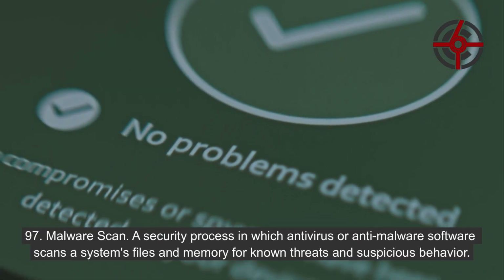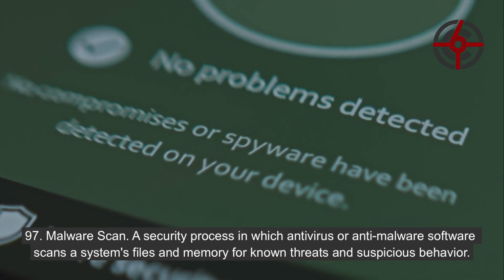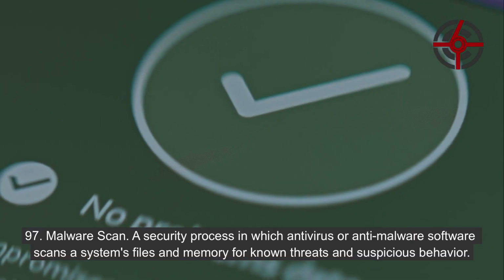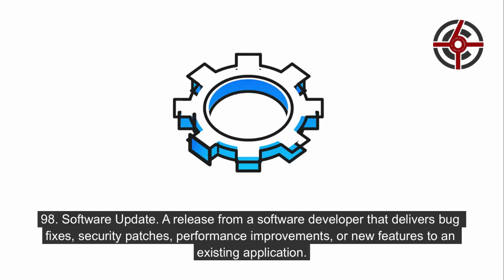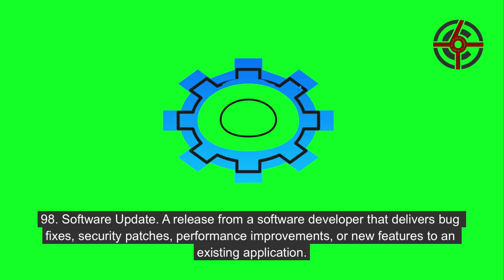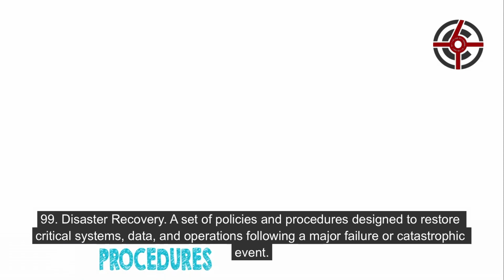A security process in which antivirus or anti-malware software scans a system's files and memory for known threats and suspicious behavior. 98. Software Update. A release from a software developer that delivers bug fixes, security patches, performance improvements, or new features to an existing application. 99.